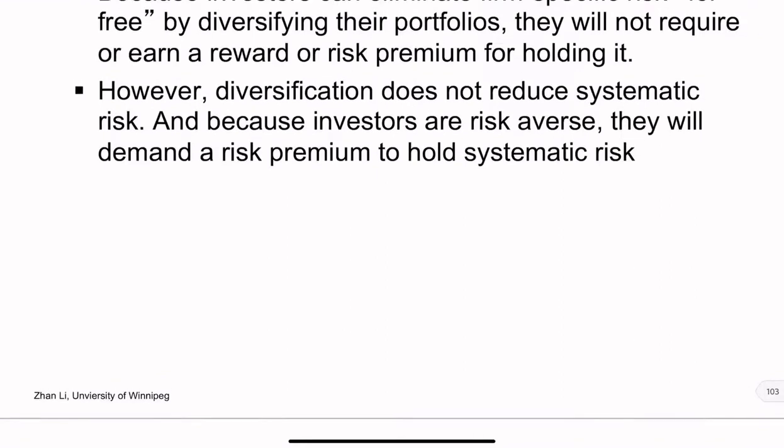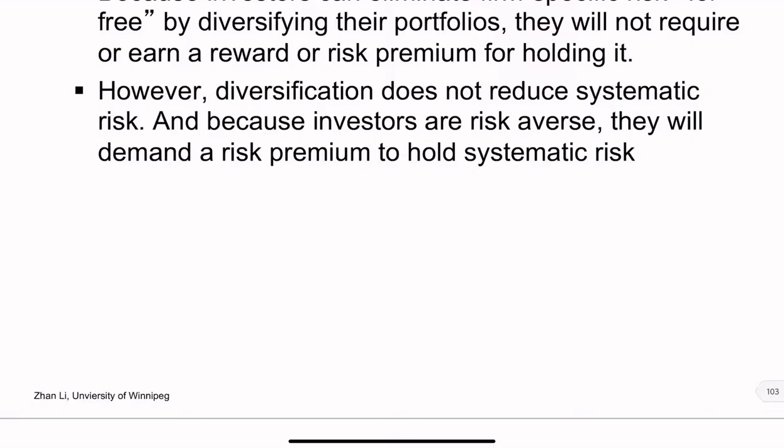Now, what about systematic risk? Investors will not get additional returns from holding diversifiable risks because these risks are diversifiable, right? If you use a portfolio to hold a lot of diversifiable risks, in the end the portfolio is essentially riskless.